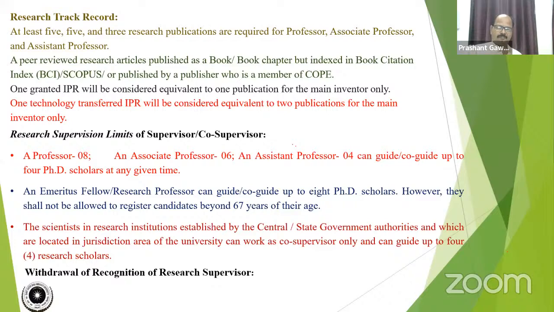An emeritus fellow is allowed to register candidates up to 67 years of age, but only for co-supervisorship, not for supervisorship directly. A scientist in the research institutions within the area of jurisdiction can work as a co-supervisor and guide up to 4 research scholars.